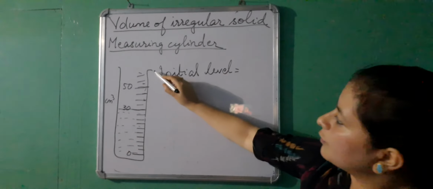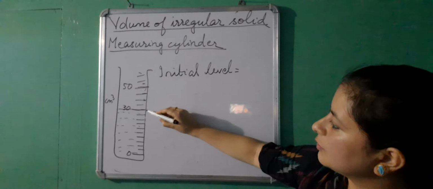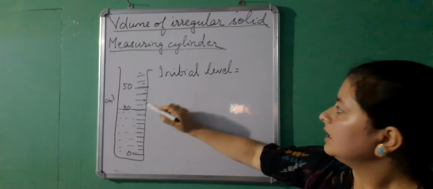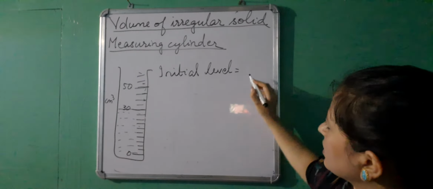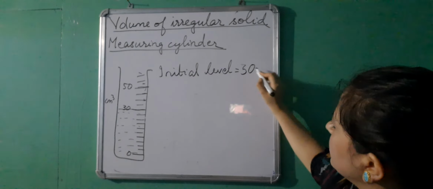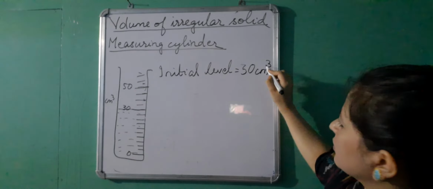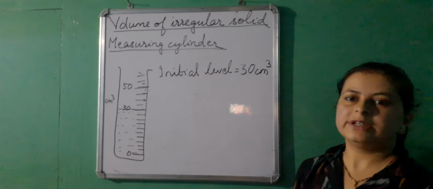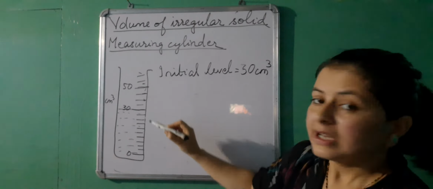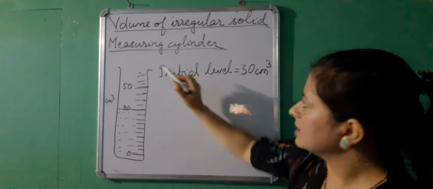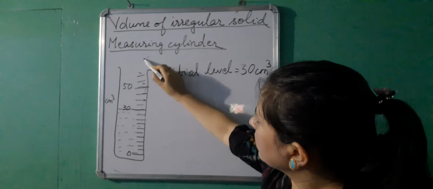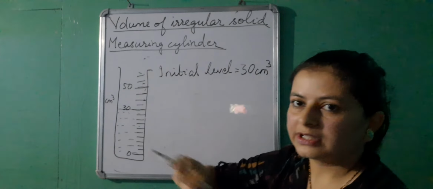For this, we fill the measuring cylinder with water up to a certain level. Here, the initial level of water is 30 centimeter cube. Say the unit of volume we have used in the cylinder is centimeter cube. Now, next step, we will tie the irregular solid with a thread.